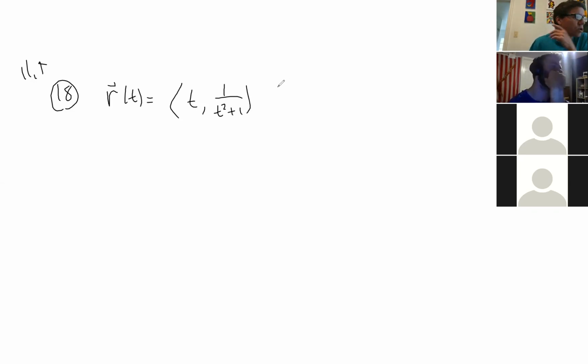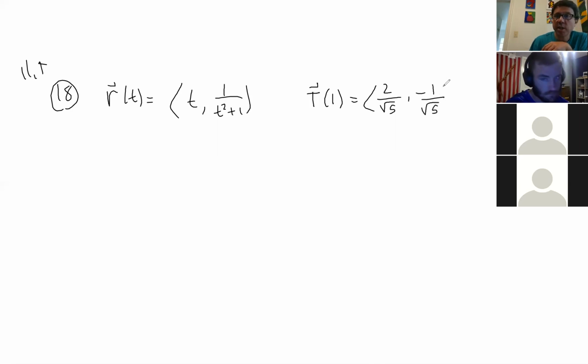And then you're told that the tangent vector at 1 is 2 over square root 5 and negative 1 over square root 5. Okay, so at least it is a unit tangent vector. If I square it, this will be 4/5 and this will be 1/5. When I add them together, I get 1. So the length is 1, so that's good.